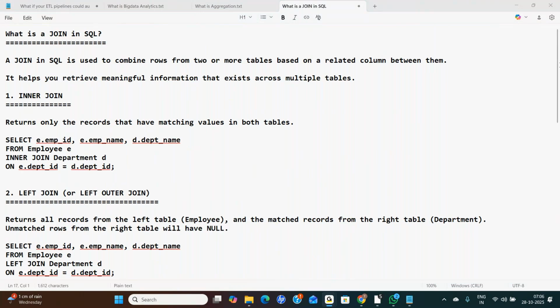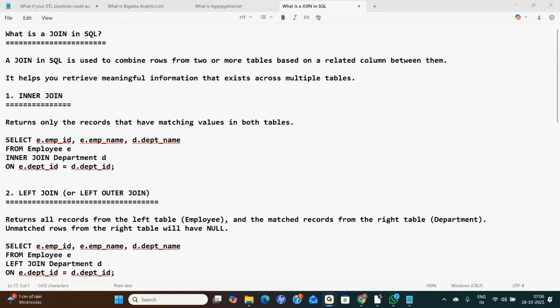What is a join? A number of definitions come up to explain what a join is.